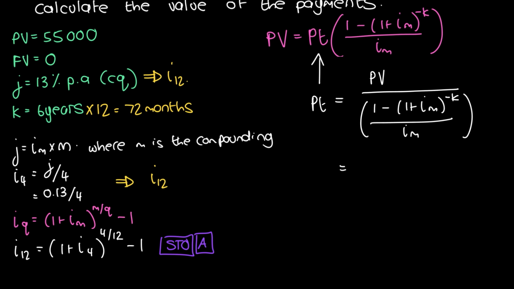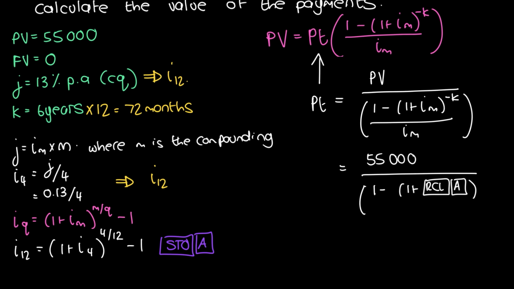So we're going to have 55,000 divided by 1 minus 1 plus, and we're going to recall, so it's going to be variable A, to the power of minus 72, divided by, and the variable that we're going to recall, so the recall A, all and close brackets.